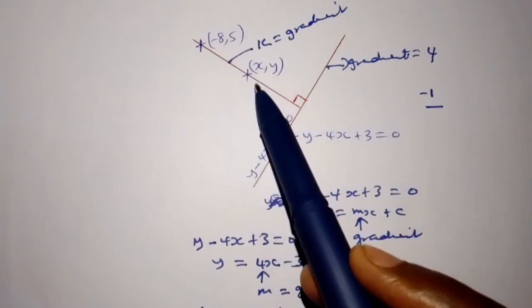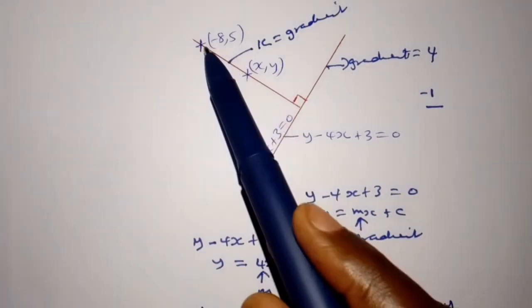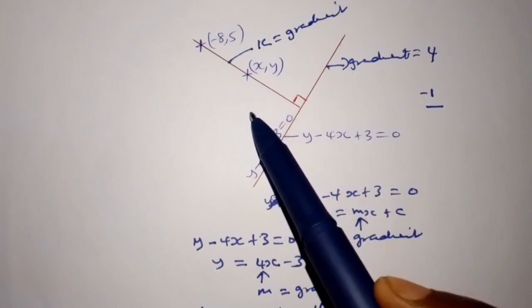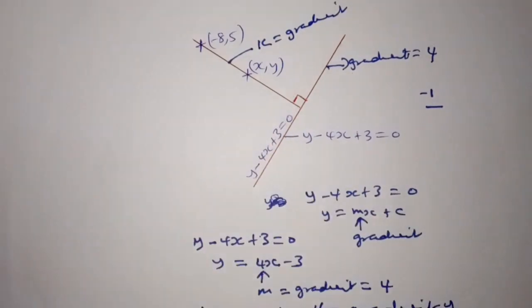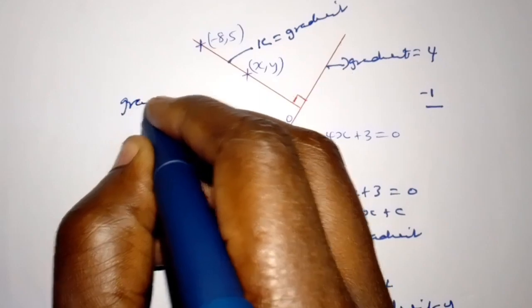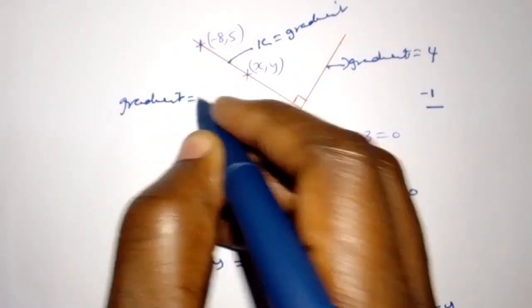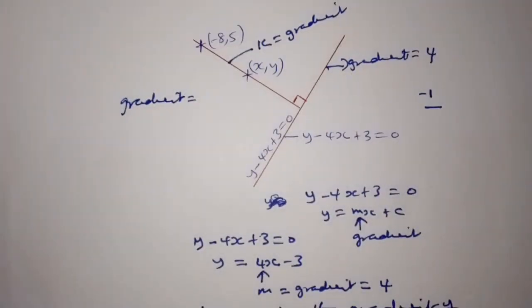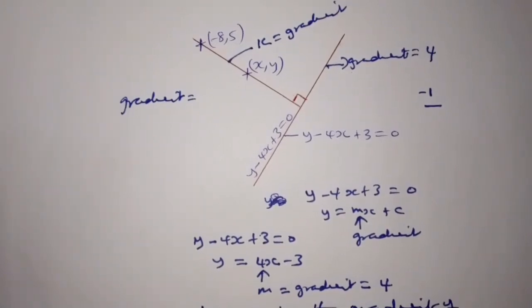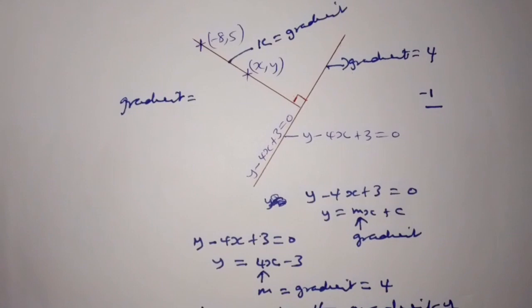So how can we find the gradient of this other line? The gradient of a line is always given by the change in y coordinates over the corresponding change in x coordinates.